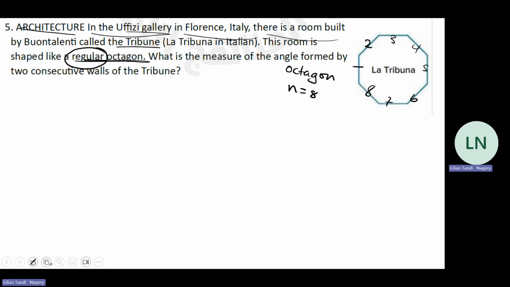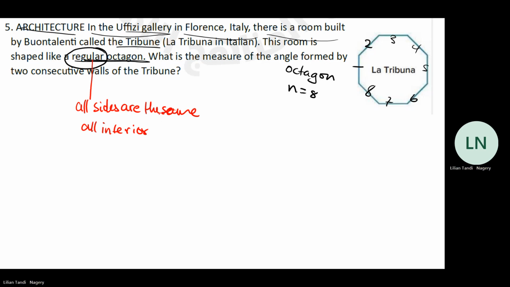It means that all my sides are the same. All interior angles are the same, are congruent. Okay? All the sides are the same. All interior angles are the same.